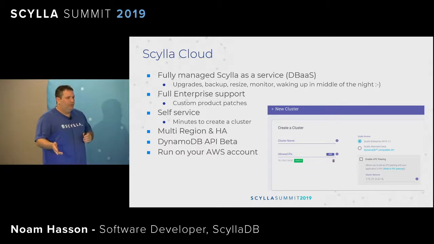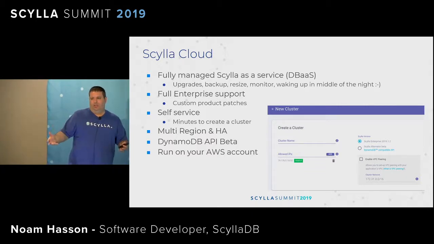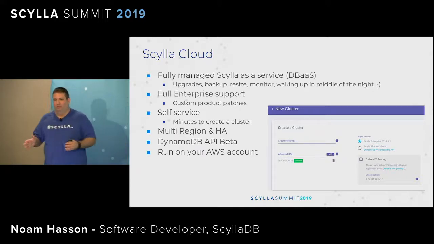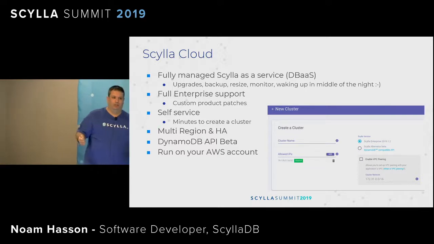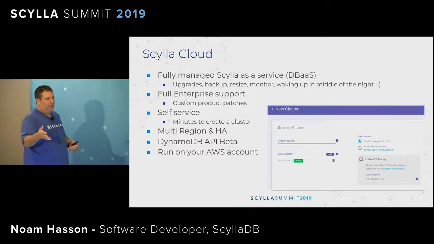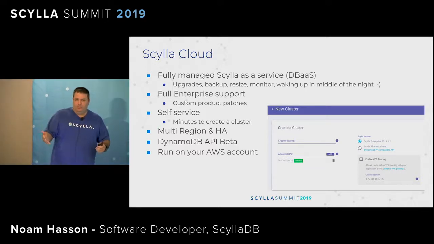One of the latest features we announced in Scylla Cloud is the run on your AWS account. What it means is you get the whole service, the web UI, the self-service, the full management, only we create the cluster on your AWS account. It has several advantages.